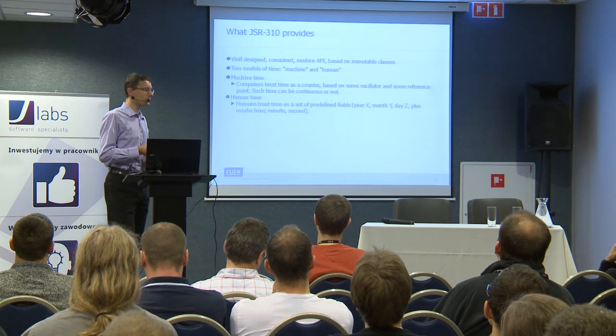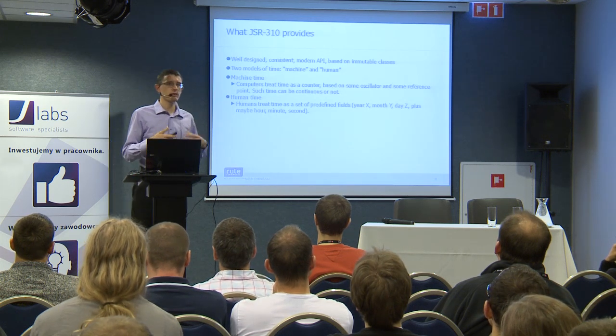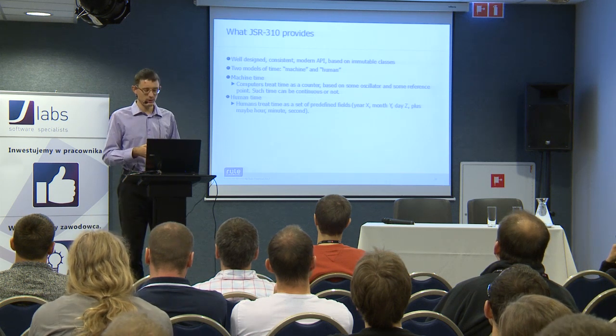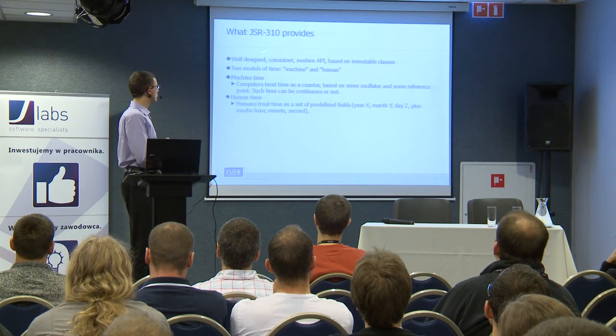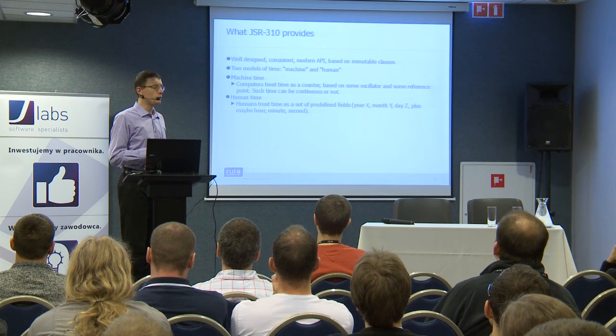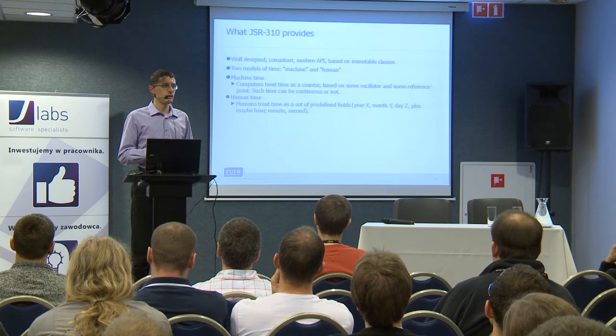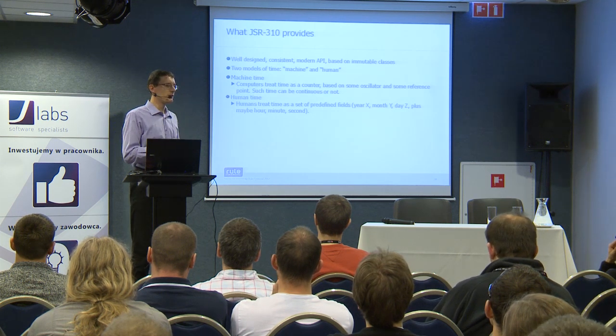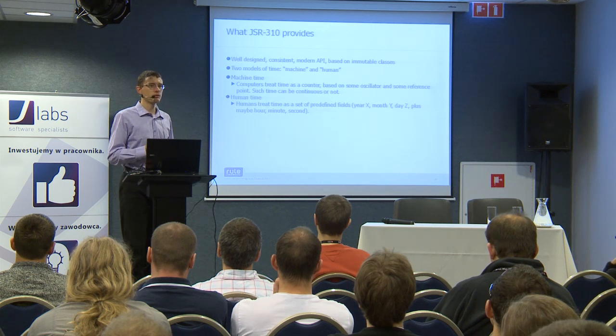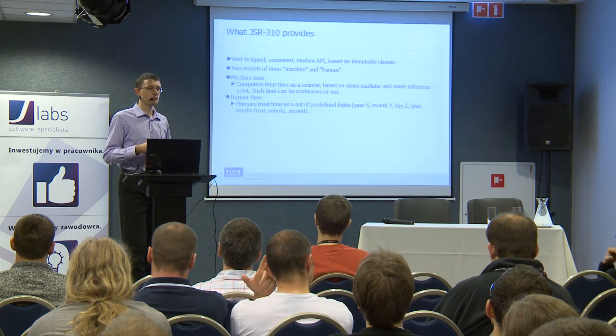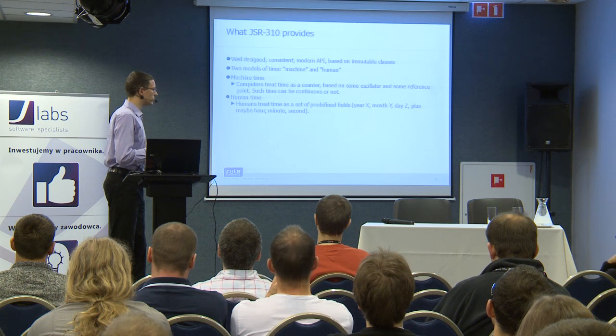If you take a look at this API, it looks like a really modern API. So things like immutable classes. Most of the classes in ThreeTen are immutable. Most of those classes do not have constructors. To construct the classes, you need to use the factory methods.